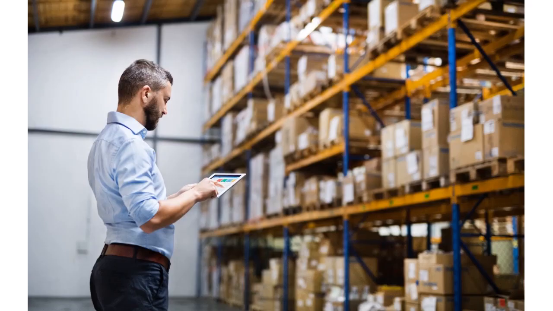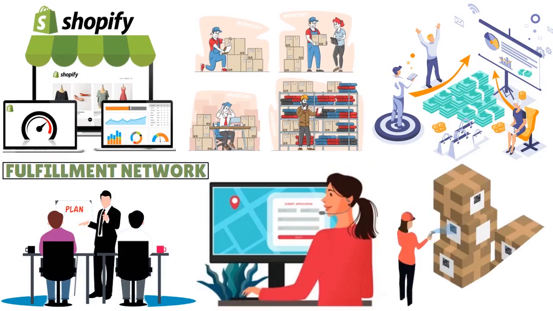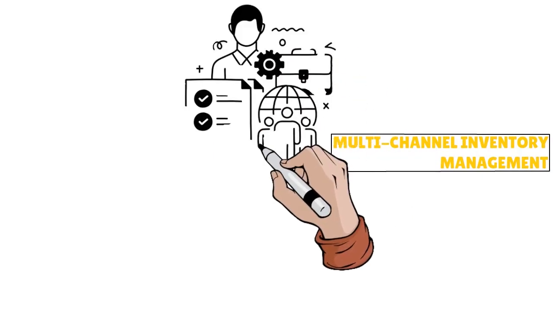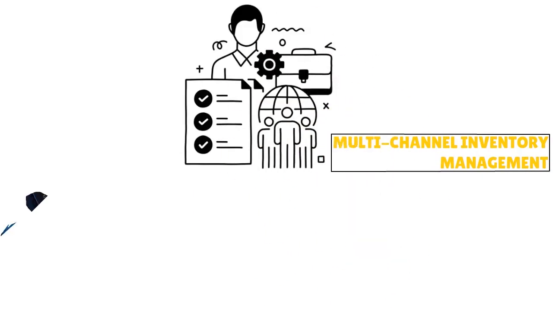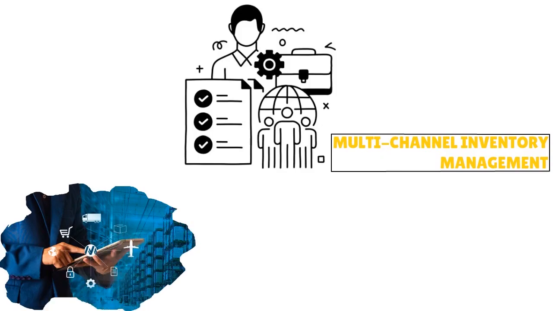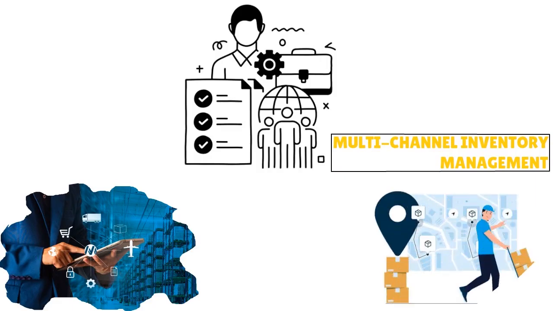Your customers don't care where the products are. They just want to know whether they are in stock and if they can get them. That's why an integrated multi-channel approach is so important when it comes to inventory management. So, you want to have a software tool that allows you to sync in-store data with online data so you can always optimize stock levels and know which product you have in all locations.